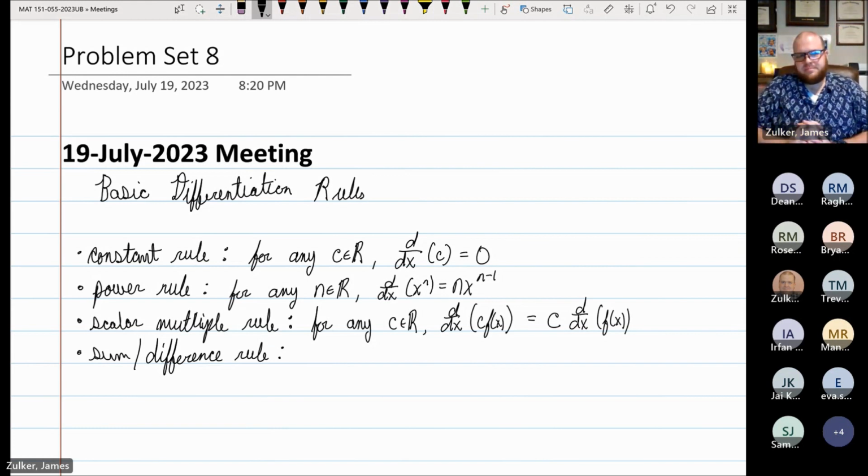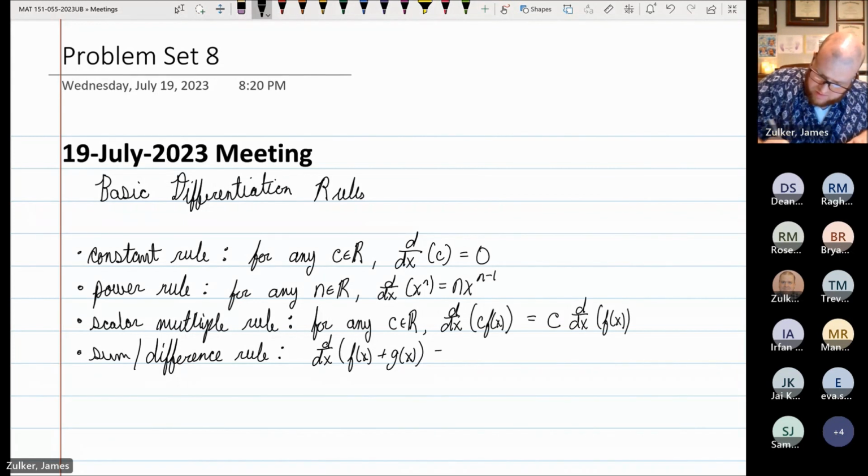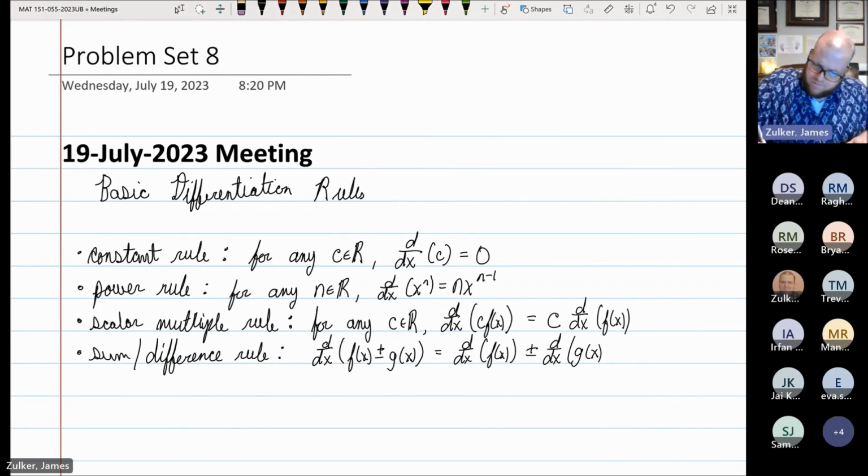Sum difference rule. If you take the derivative of the sum or difference of functions, then it is the sum or difference of the derivatives of the individual functions.